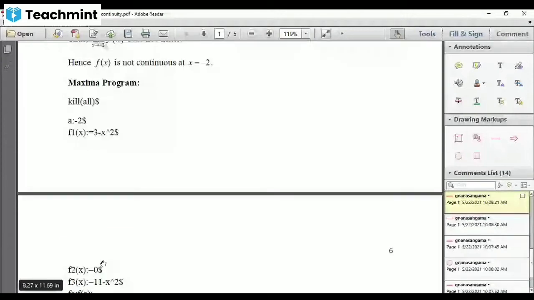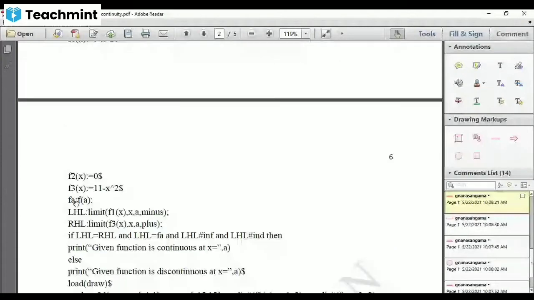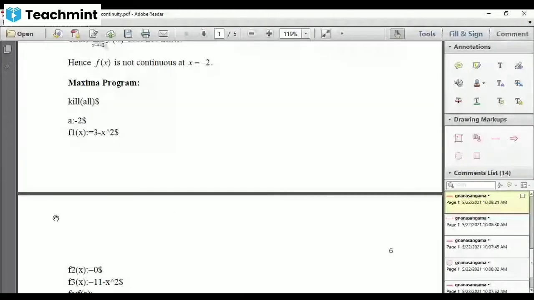Now let us find out f of a, right? So I'm storing that value f of a in fa. So that's why I called it fa, and I'm assigning it by using the assignment operator colon. See, this is not fa because there is no f here. So if you want fa, which one do you have to assign?